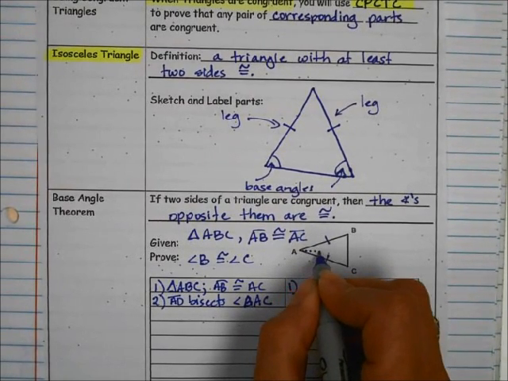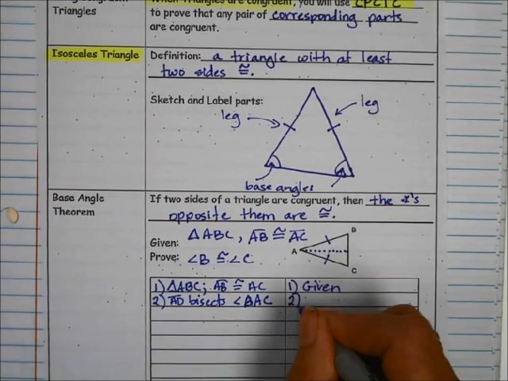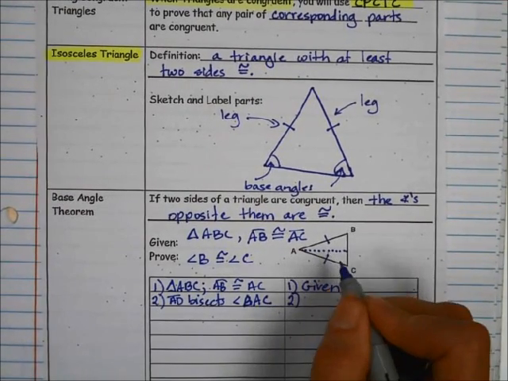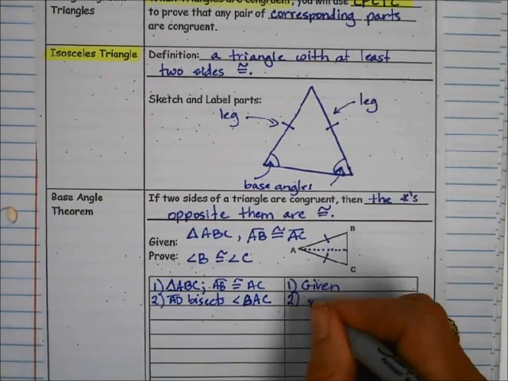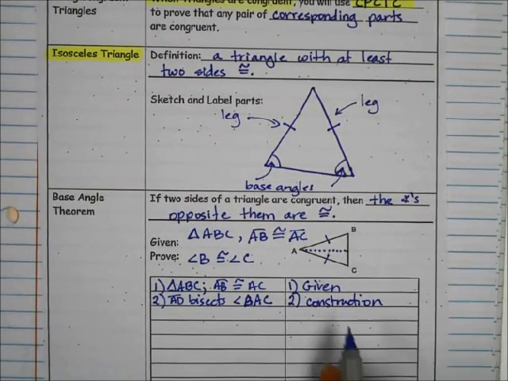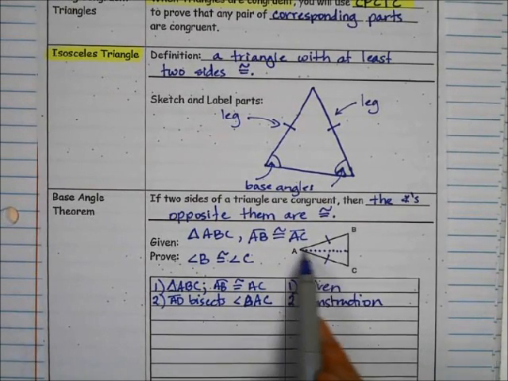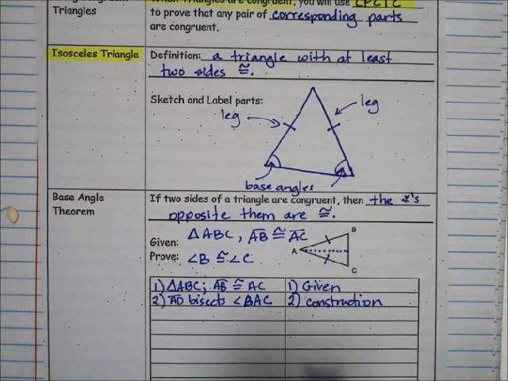So in other words, it's going to go straight down the middle right there. Sometimes when we construct auxiliary lines that weren't really given to us, we can say construction in the given. Every angle has a bisector, so that's okay.